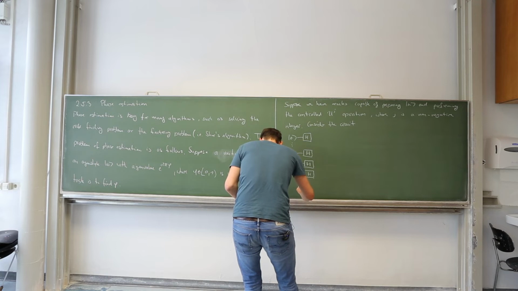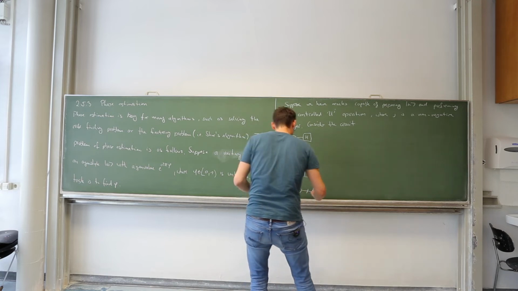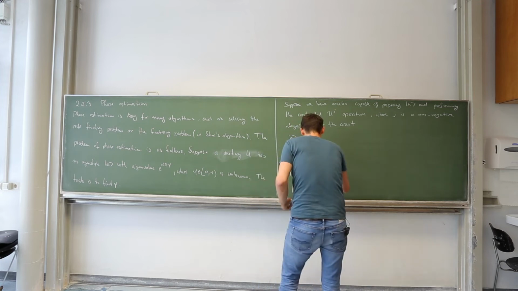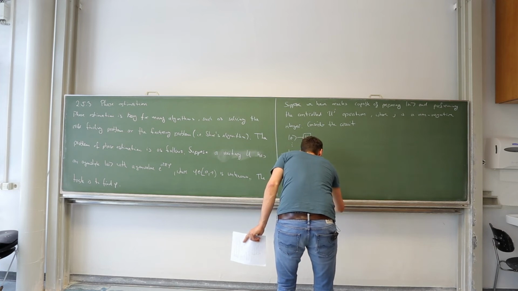And then here we have this eigenstate U. This can be a bundle of qubits. And then we perform controlled unitary operations.